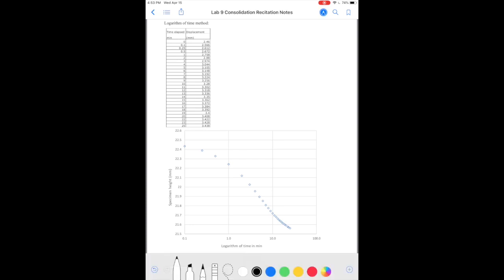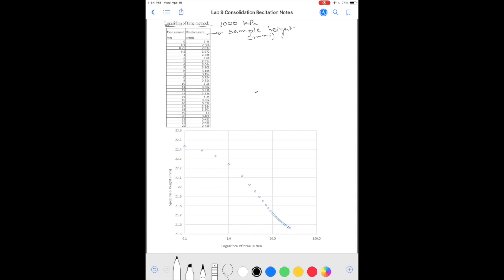Finally, the second method to use is the log of time method. So again, you have time elapsed in minutes and displacement. Using displacement, you calculate specimen height or sample height in millimeters. And again, I'm using 1000 kPa data.